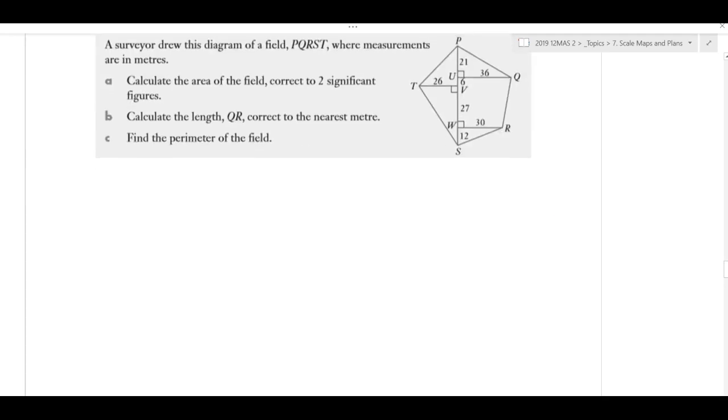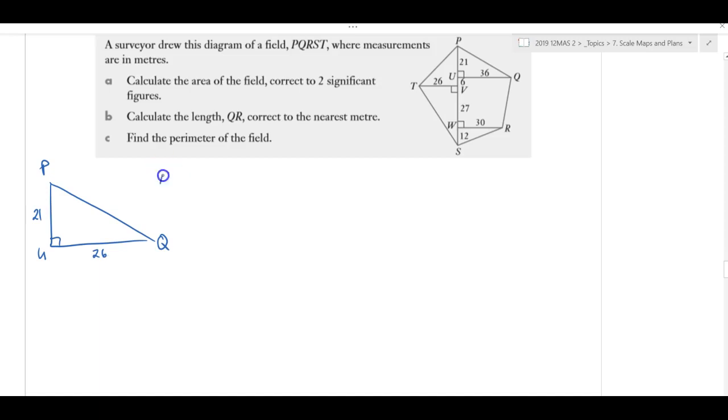Let's have a look at the triangles first. Okay, P, U, Q. Let's do this one first. Quite a good idea to redraw each section so you can label it so you don't make a mistake. It helps with your working.